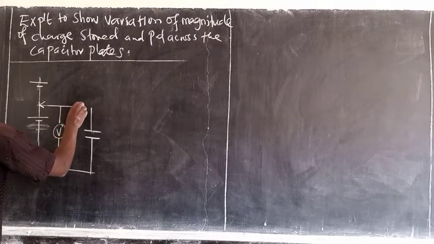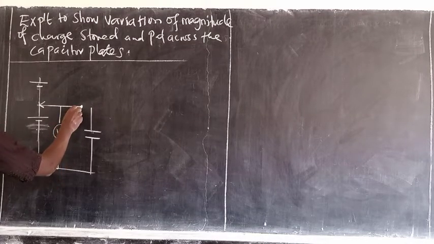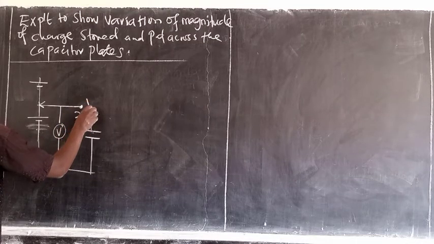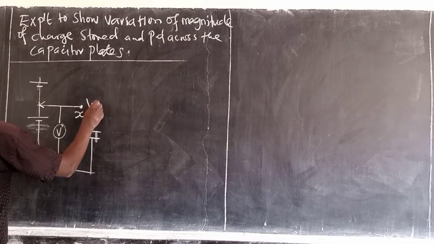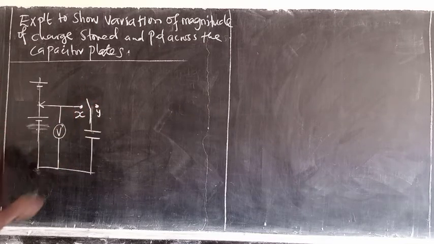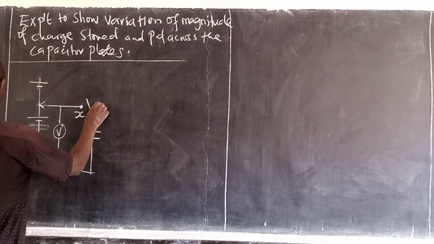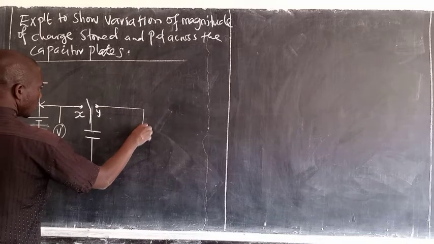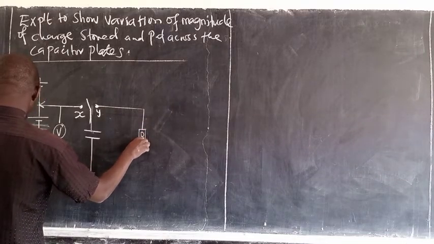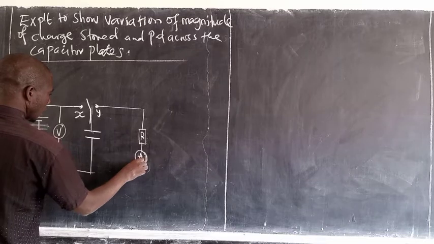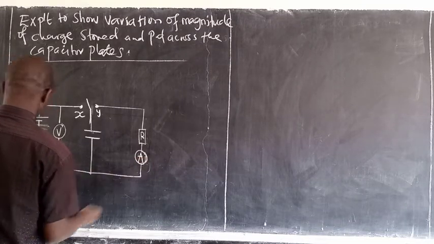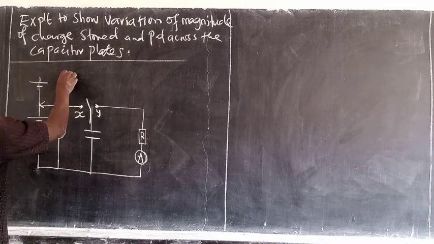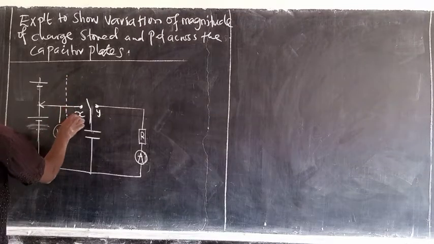Then we shall have a point here, we can call it a point X. And then we can have another one here, and we call it a point Y. Can have a protective resistor here, can have a current measuring device, that meter there, and then the reed switch circuit is part of this.